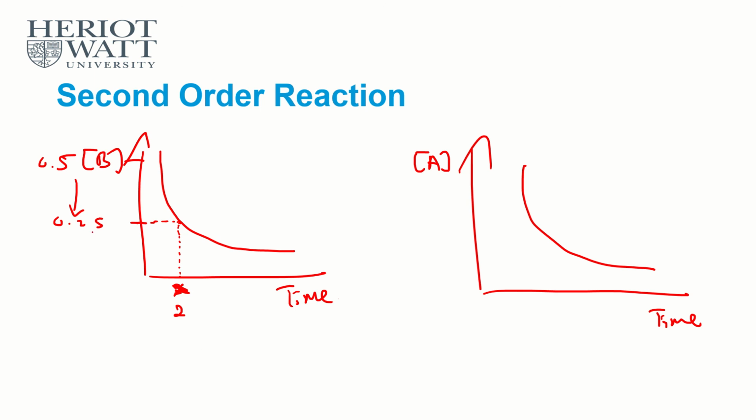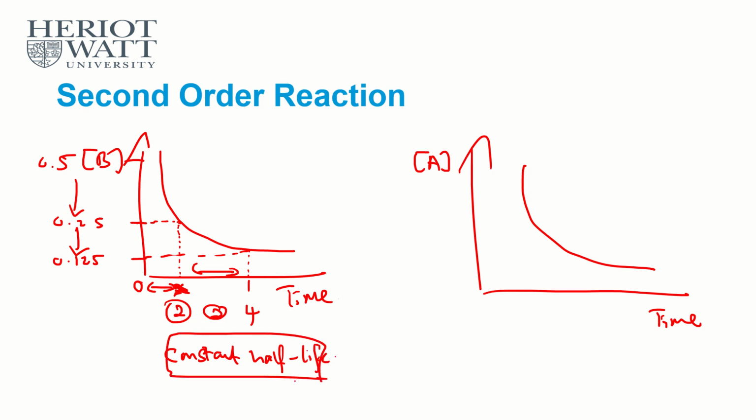All right, and then this 0.25 decreases by half again to 0.125, and what's the time? The time taken is here, 4, let's say. Can you see that the first half-life, from 0.5 to 0.25, is 2 minutes. The second half-life, from 0.25 to 0.125, the difference is also 2. So I can say this has a constant half-life.